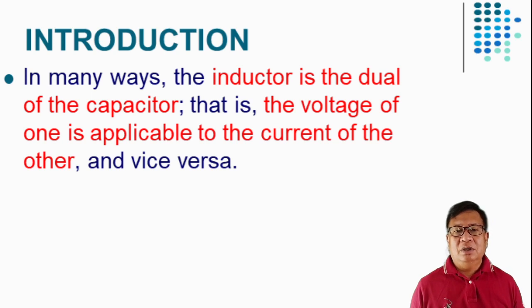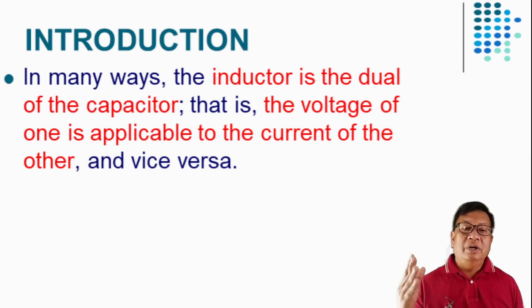In other words, either the supply is voltage, and there is a flow of electric current, or our source is a current, and it will induce voltage in our circuit.